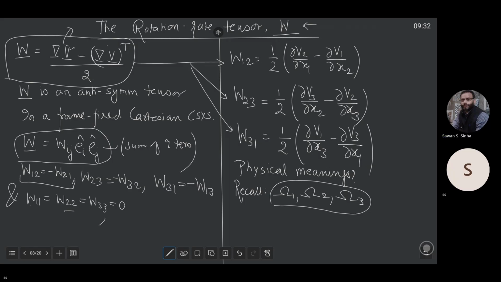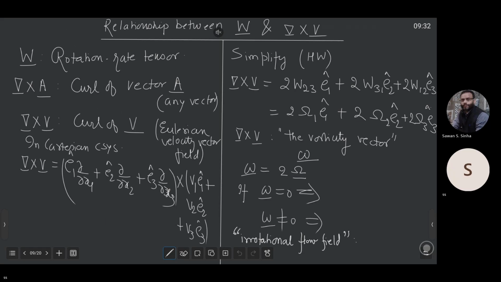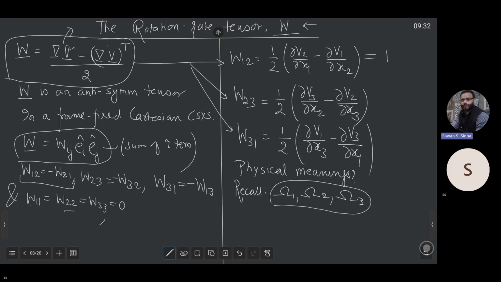They are same. You can verify that this is what is omega 3, this is what is omega 1, and this is what is omega 2. Even the half factor was there. Remember, omega 3 में half factor था, and there was a reason why we put half factor there. कल पूछा था आपने, ठीक है?